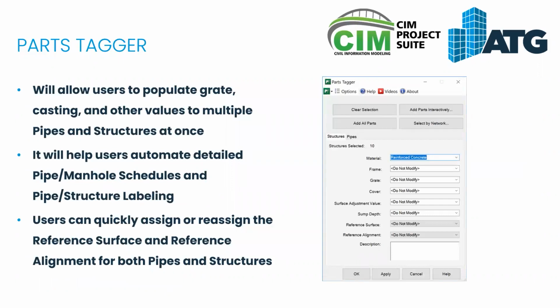Parts Tagger will allow users to populate grate, casting, and other values to multiple pipes and structures at once. It will help users automate detailed pipe and manhole schedules and pipe and structure labeling. Users can quickly assign or reassign the reference surface and reference alignments for both pipes and structures.